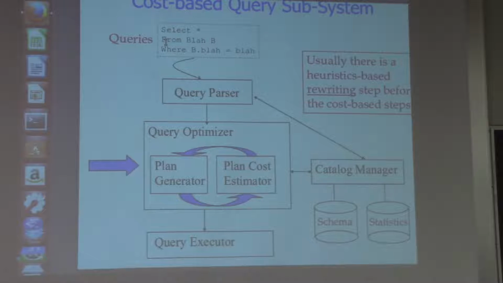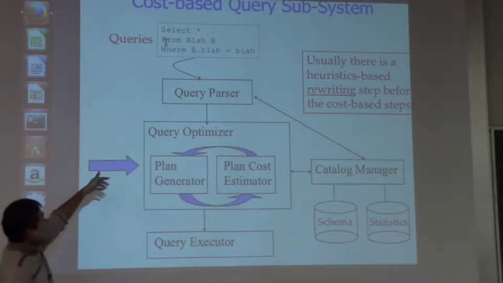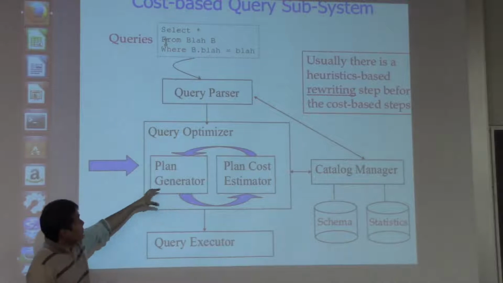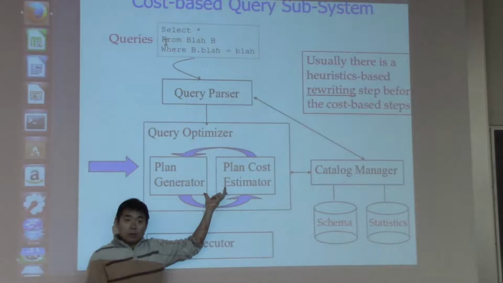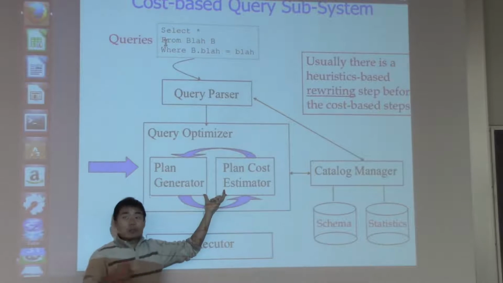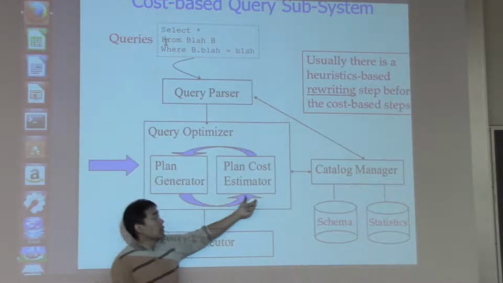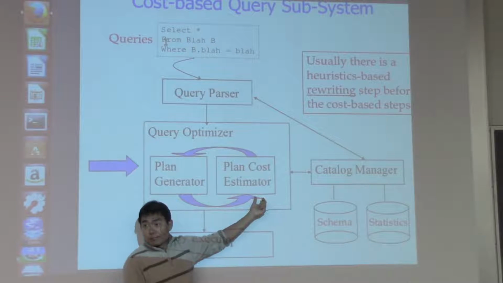So first of all, you're going to have a query parser that takes SQL as input and generates an equivalent relational algebra expression. And then that equivalent relational algebra expression will be passed into this query optimizer. And the optimizer has two main components, one for each of the questions I presented to you earlier. One is the plan generator. The other is the plan cost estimator.